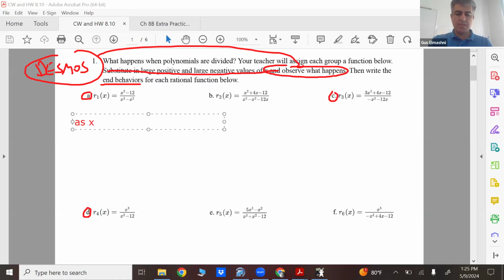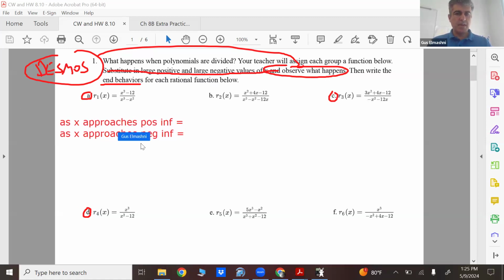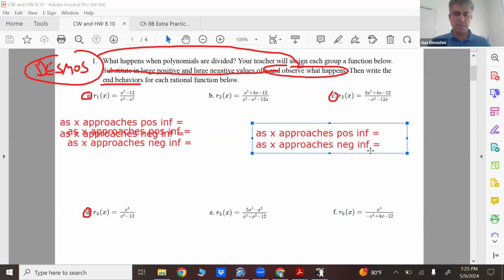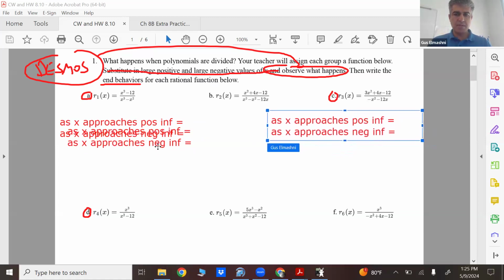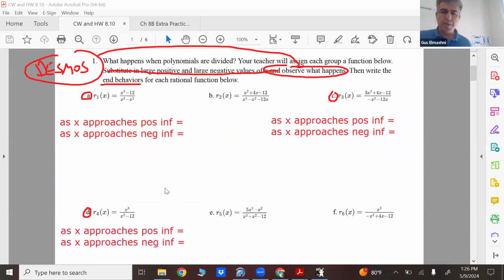As x approaches positive infinity, as x approaches negative infinity. And let me copy and paste this. There you go. Okay, so that makes our lives a little easier.